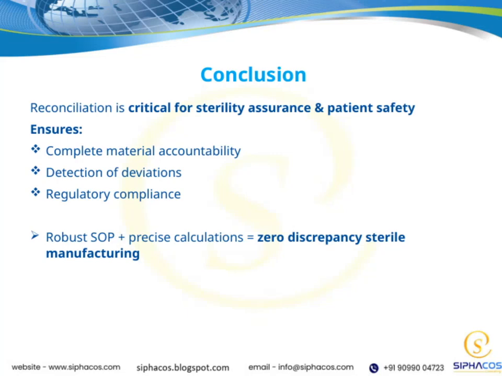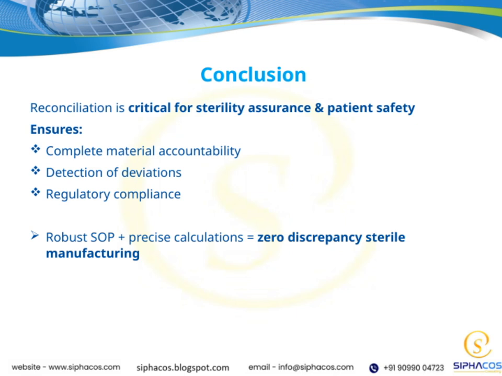So, to wrap up, the conclusion really emphasizes that reconciliation is absolutely critical when it comes to ensuring sterility and patient safety. It's not just a procedural step, it's a vital part of maintaining trust in our manufacturing processes. By performing thorough reconciliation, we can confirm complete material accountability, making sure every component is accounted for and nothing is missing.